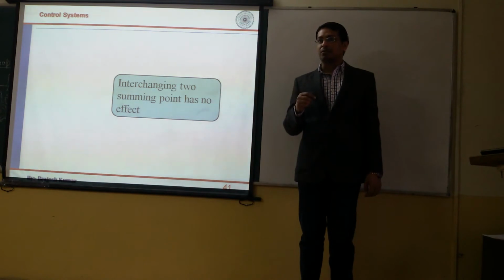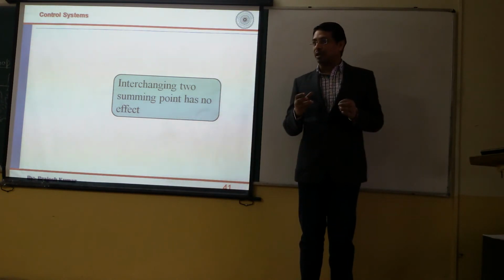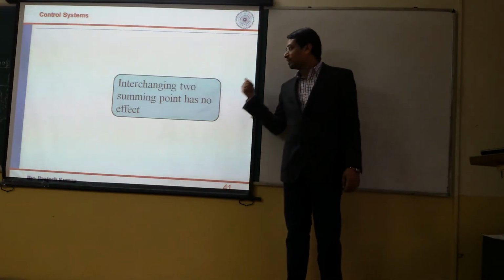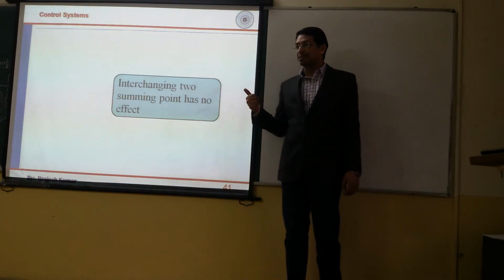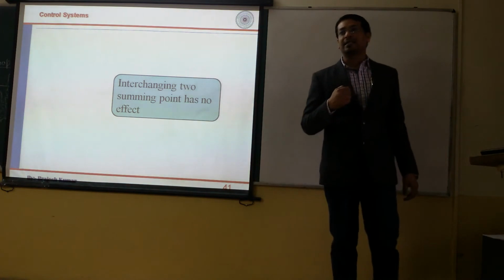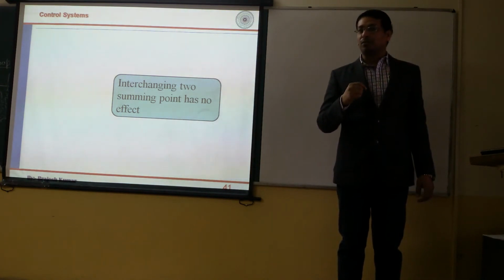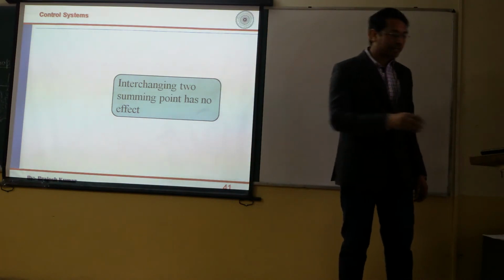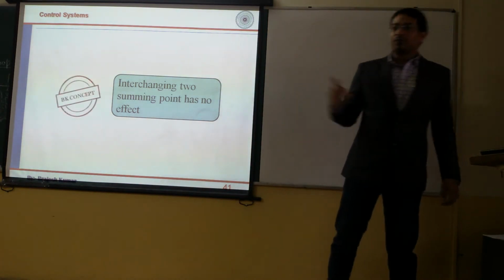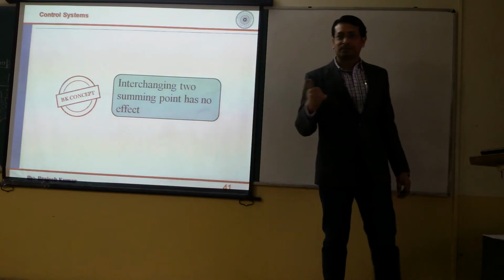But in some cases, you may be left with two summing points and be unable to proceed further. So you have to apply this concept: interchanging two summing points has no effect on the analysis of the system. This is a very important point which is generally not found in the book. So that's why I have formulated this as your first BK concept.